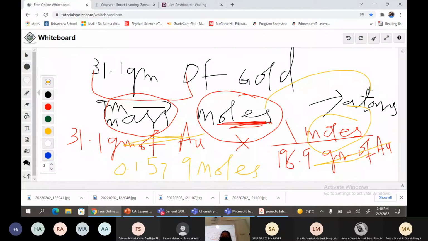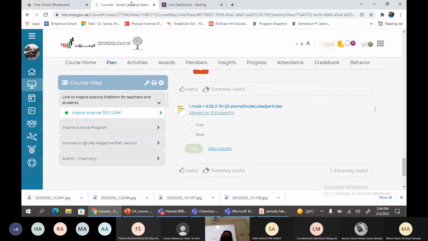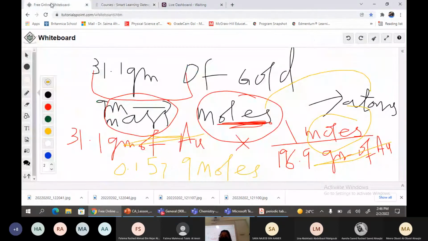Converting moles to atoms, referring to what you did in the LMS activity today, the statement says 1 mole is equal to 6.02 into 10 raised to the power 23 atoms. By keeping this statement in mind, we can complete the second step. Quickly write this so we can do the second step.